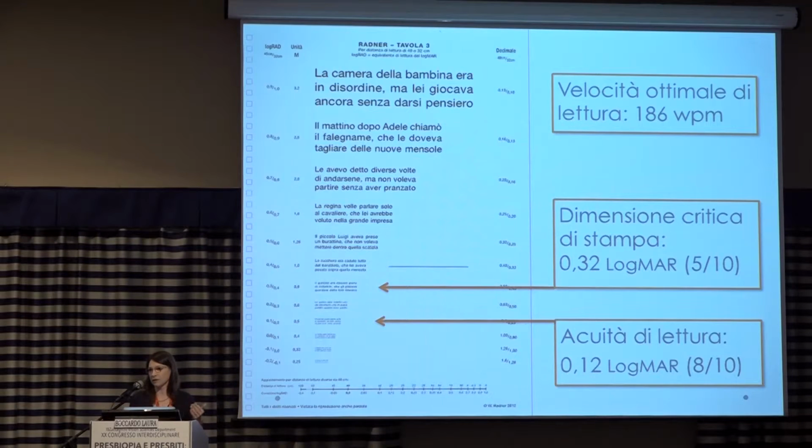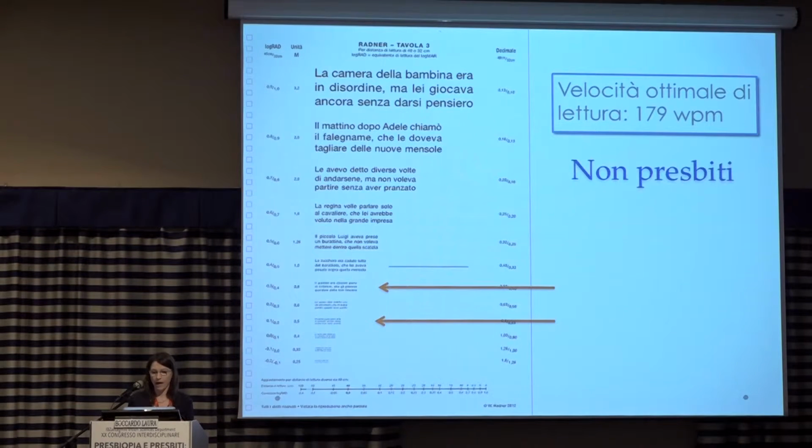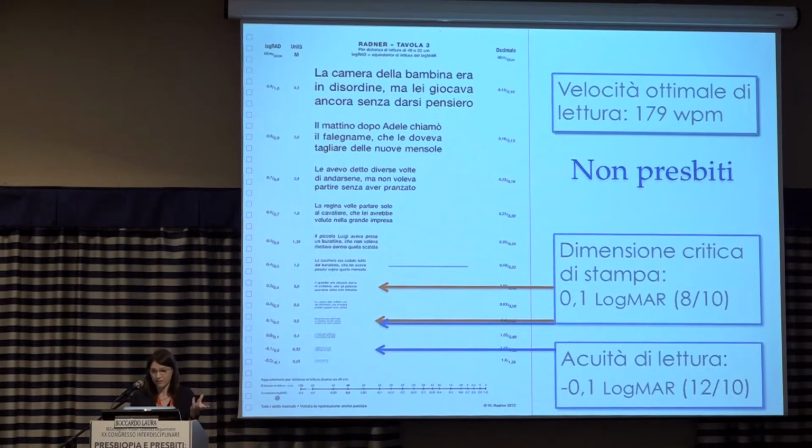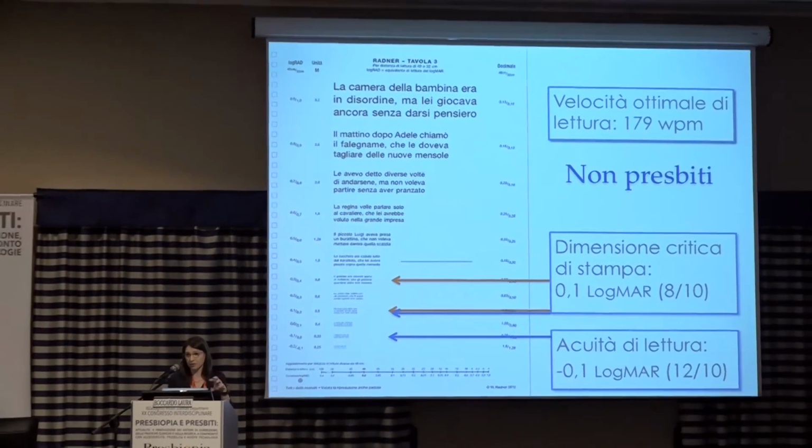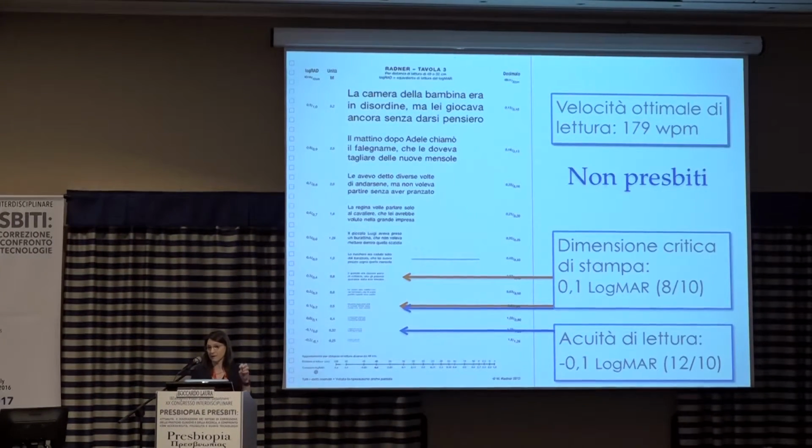Let's give a meaning to these numbers, because we are thinking of visual acuity in terms of 10/10 from distance, but that doesn't mean anything when talking about near vision. So let's look at a group of young people, a group of students of 20 to 25. They read at an optimal reading speed, which is more or less the same as the previous group. So the reading speed is not affected by aging.